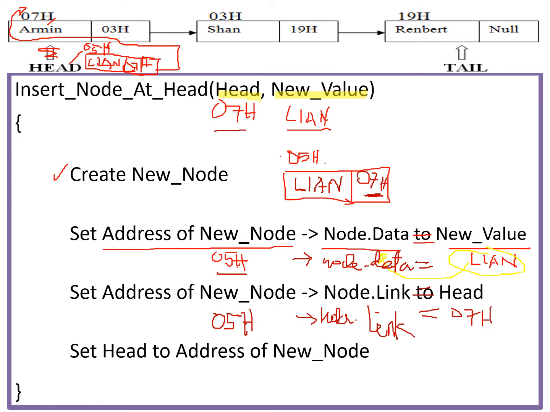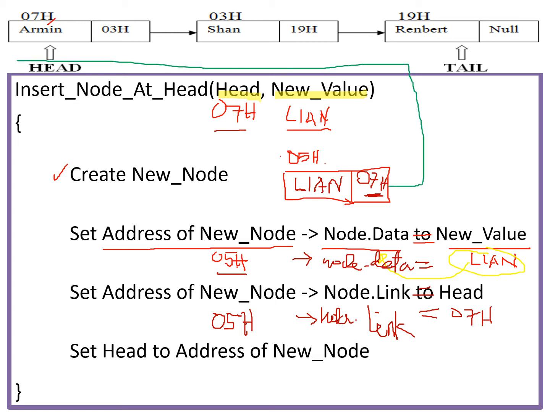So that means this one will now be linked to 07H. Dahin lang natin ito ha, ang process na to. So, Lian will now be connected, 07H na tinuturo niya, to this next node.